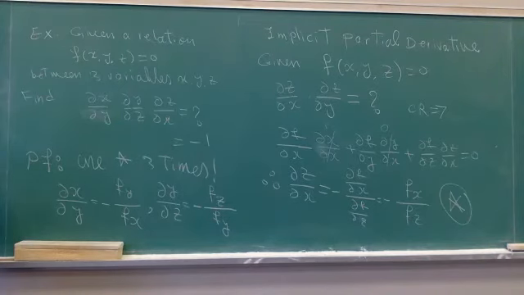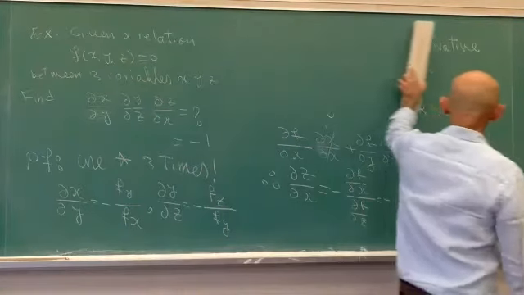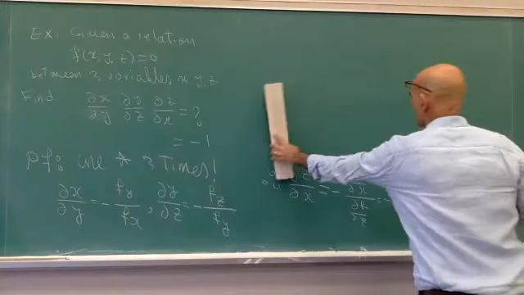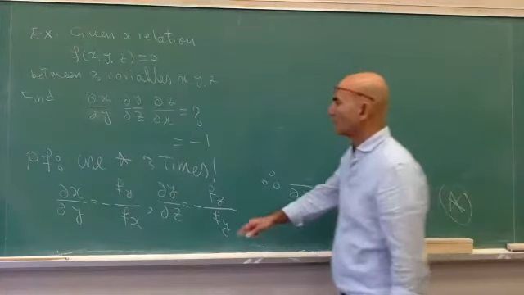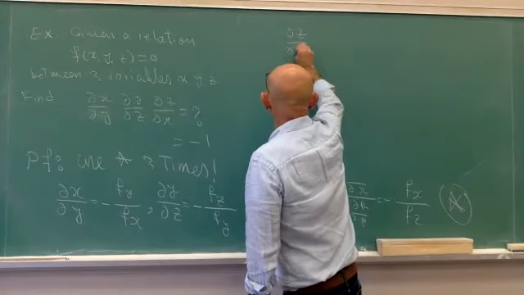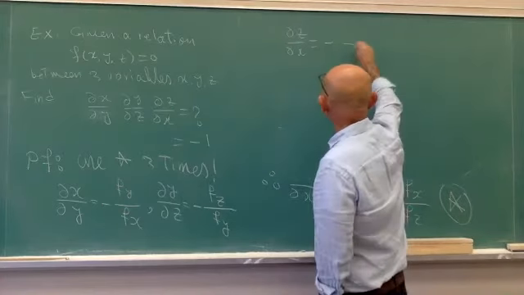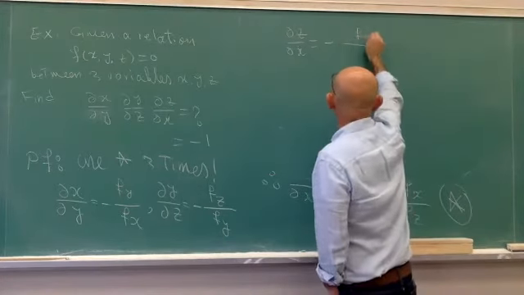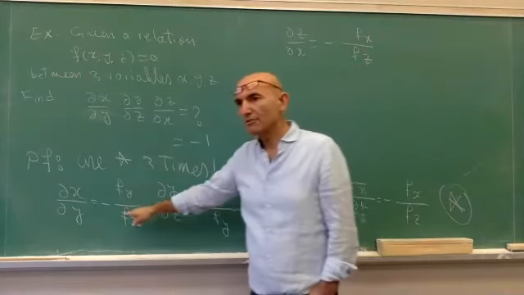This is Fz over Fy. And similarly here, dz/dx, negative, now this is Fx over Fz. So we have 3 relations.